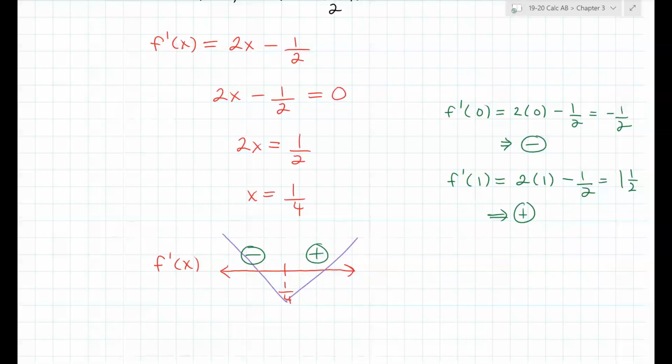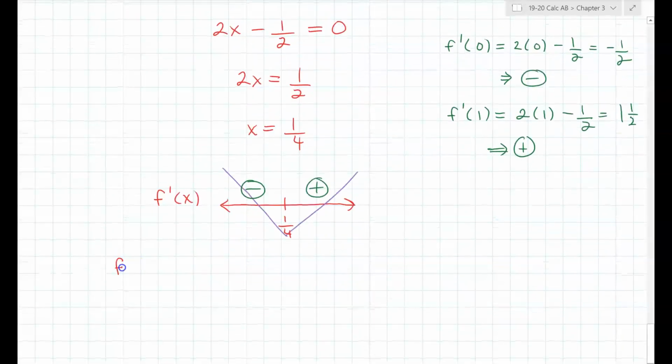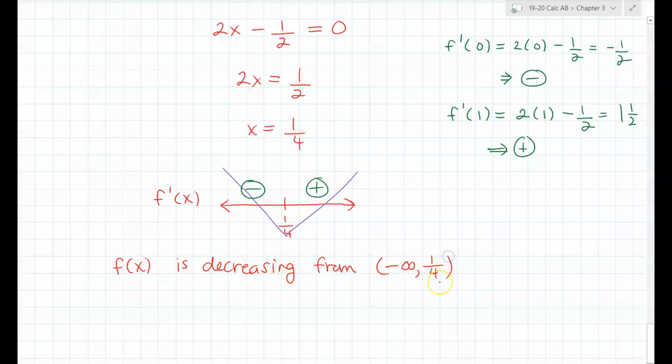Okay, so they want to know where is it increasing, where is it decreasing. I'm going to say f of x. Notice, not f prime of x, f of x. Because the purple line where I show it going down and then up, that's what the original function looks like. Okay, so f of x is decreasing from negative infinity to 1/4.